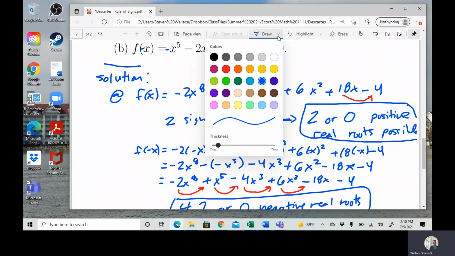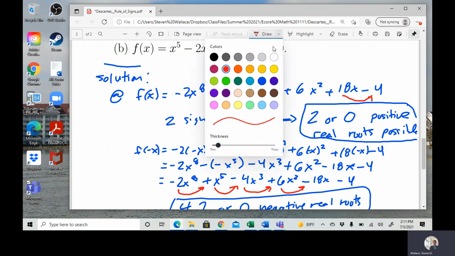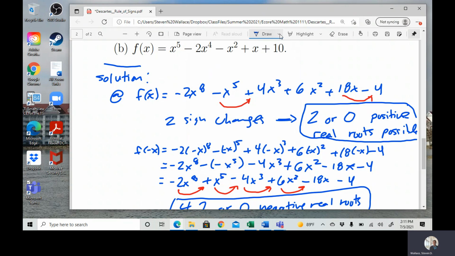So if I look at my roots here, so negative, negative doesn't change, negative, negative. Oh, that's one sign. There's only one sign change when I do f of negative x. Okay, so 1 negative real root is the only possibility, right?